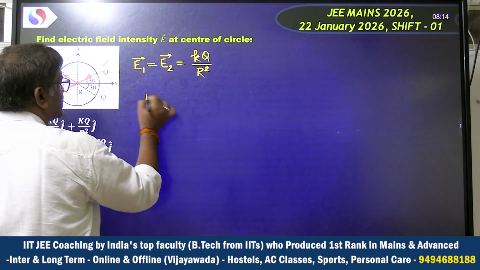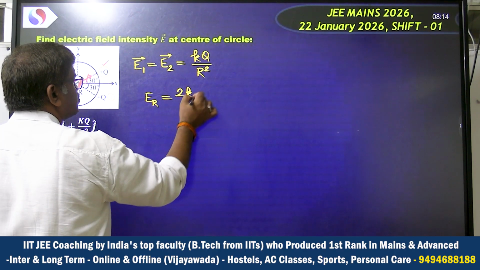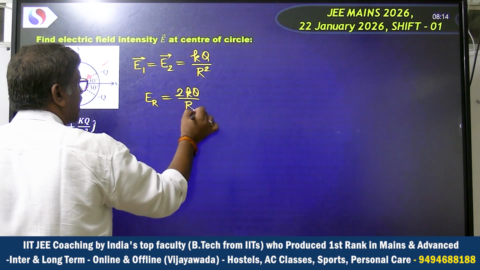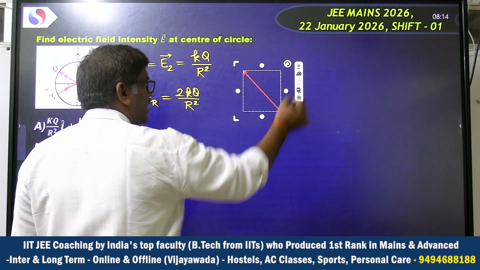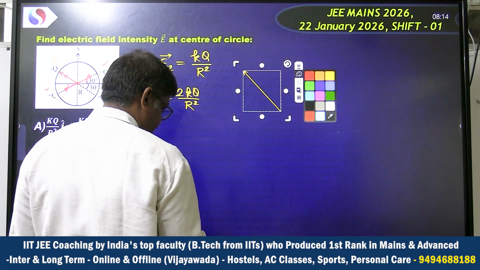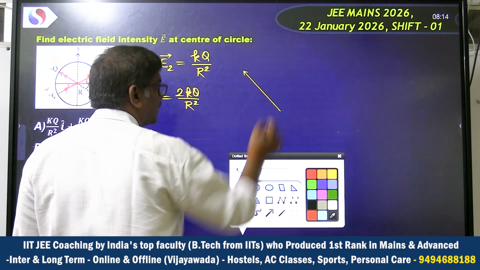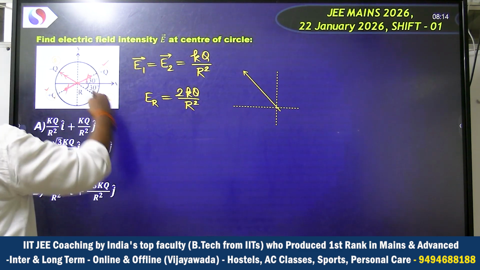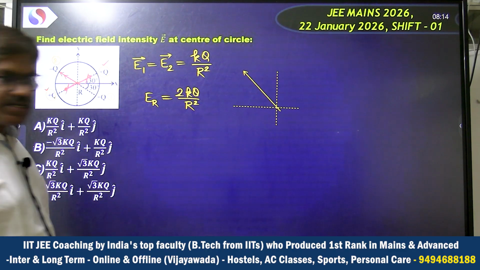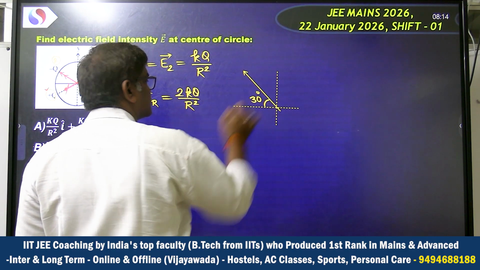So my resultant field is going to be 2kq divided by r square in magnitude. As per the diagram, its direction makes a 30 degree angle with the negative x-axis.